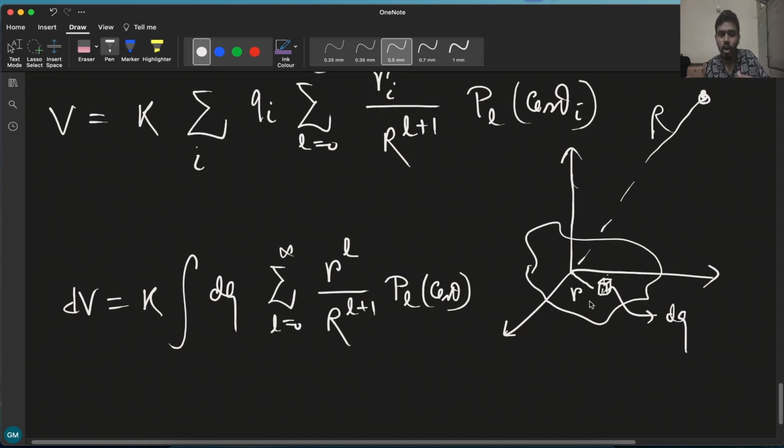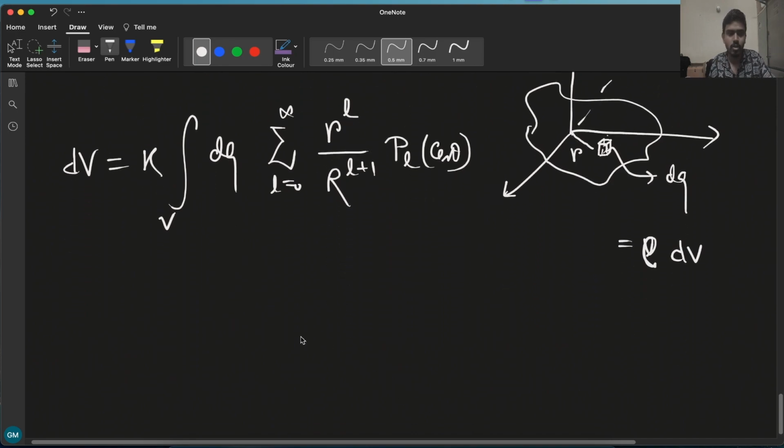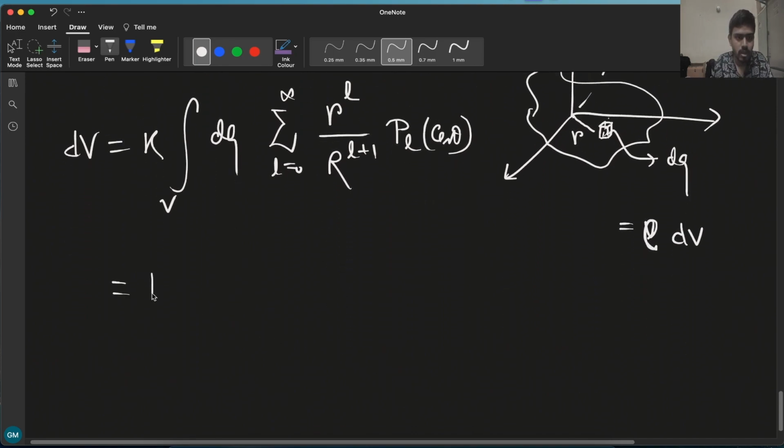And this is a volume charge, so this integral is basically a volume integral, and this dq I can also write as rho times dV. If dV is the volume of this region, then the charge is charge density rho times dV. Then it can be replaced as k rho dV, and this volume integral, the sum over L equals 0.